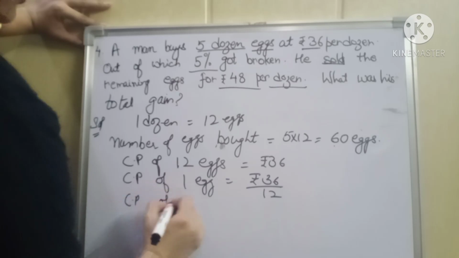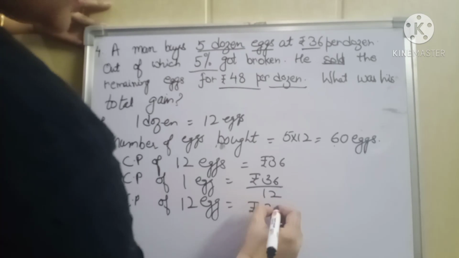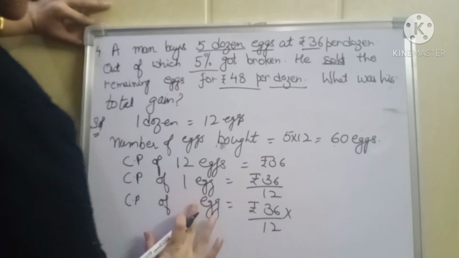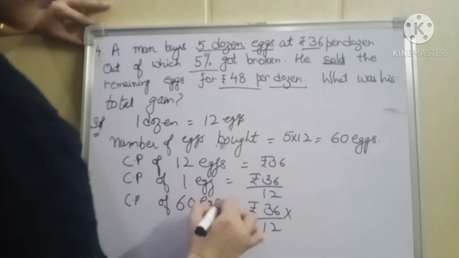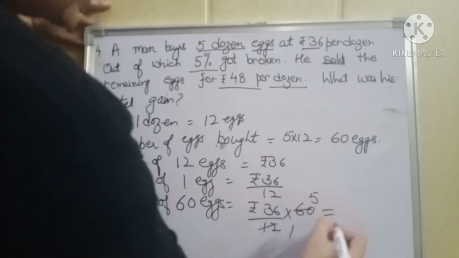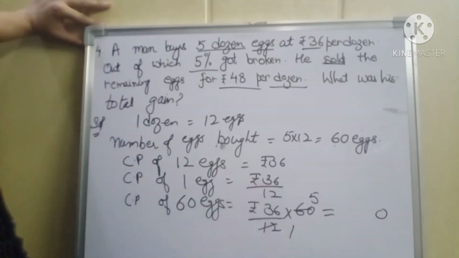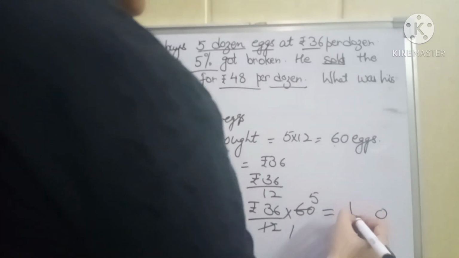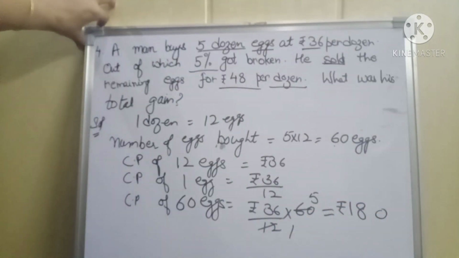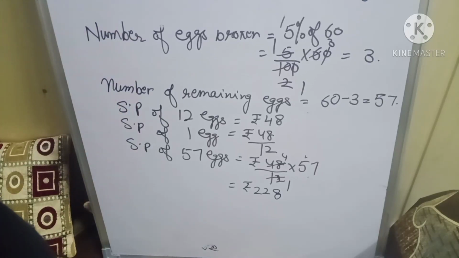Cost price of 60 eggs is rupees 36 by 12 multiplied by 60. 12 ones are 12, 12 fives are 60, that is equal to 5 6s are 30, 3 carry, 5 3s are 15 plus 3, 18, rupees 180.